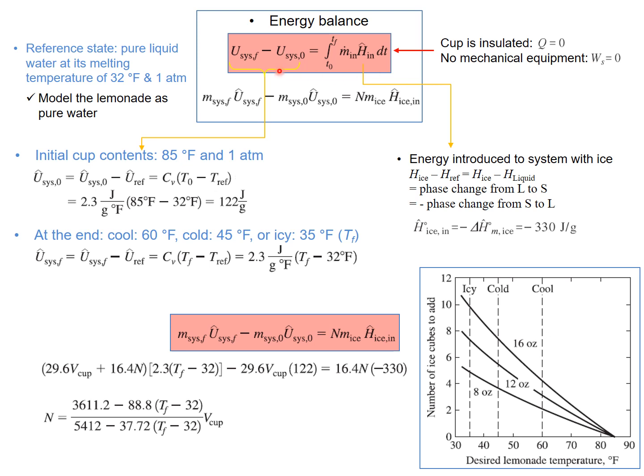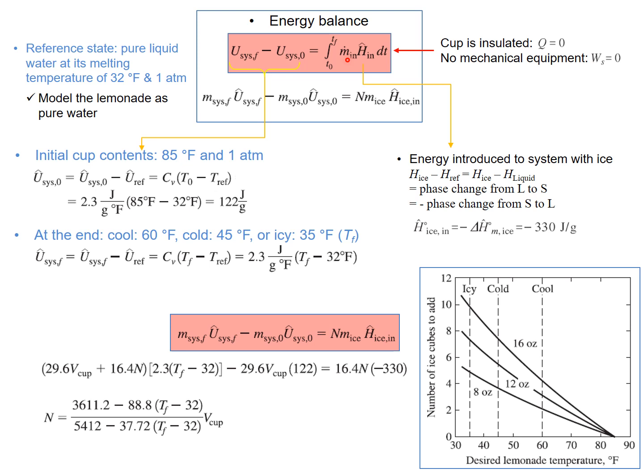So internal energy of system final minus initial is equal to the integrated enthalpy with the mass flux, plus Q plus WS. The cup is insulated, so Q is 0. No mechanical equipment, so WS, shaft work, is 0. So this is the energy balance equation.